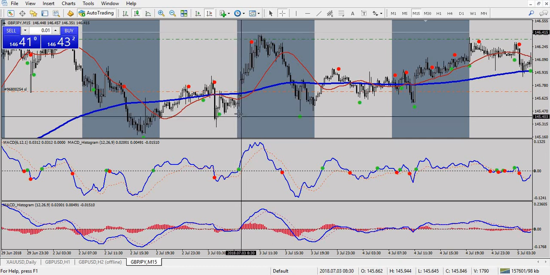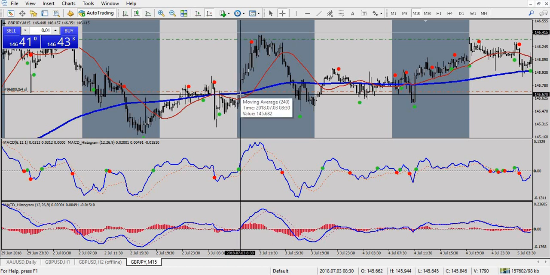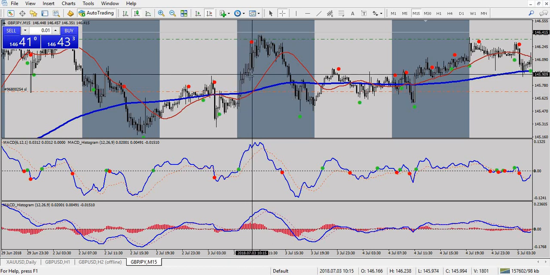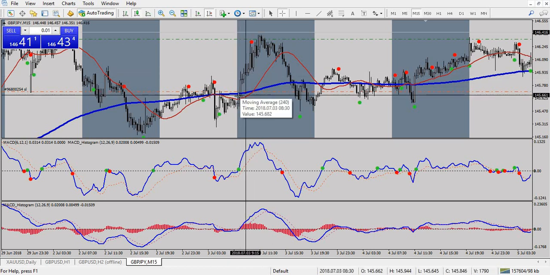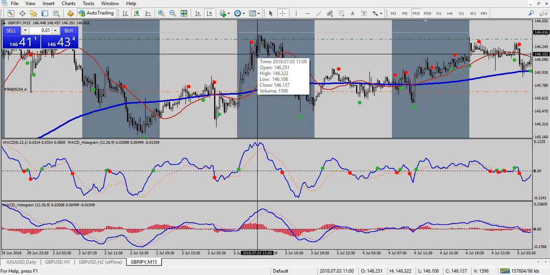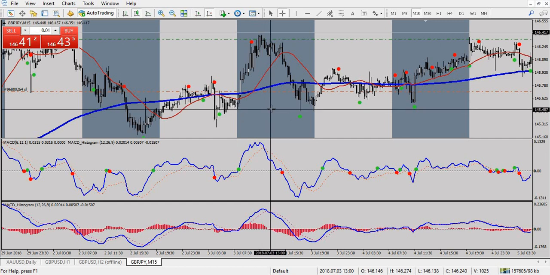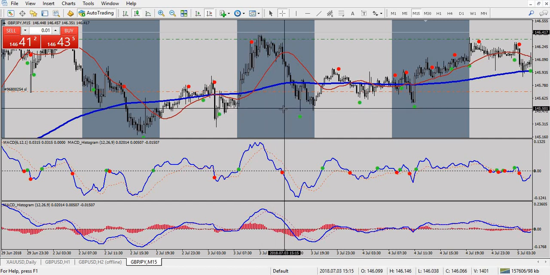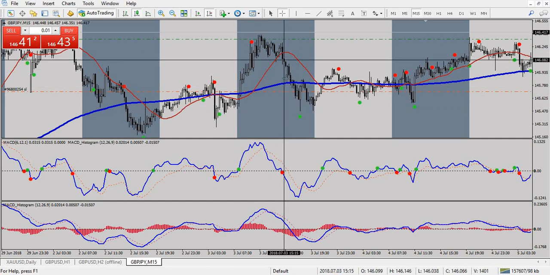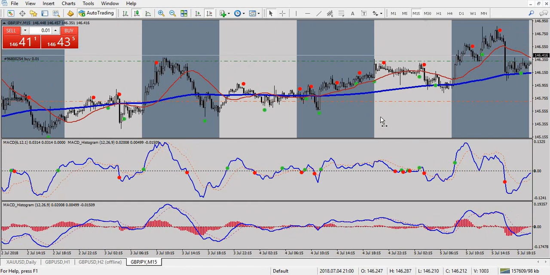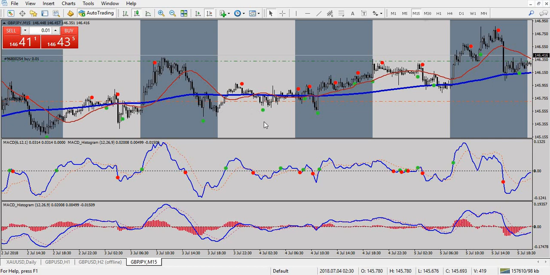But you're going into the 240 LMA, so even though it's a great trade, I'd be reluctant to take that. I'd be looking for trades off the 240 LMA. Even up here, you're going into it again. So not ideal, but there's nothing to stop you taking those trades.